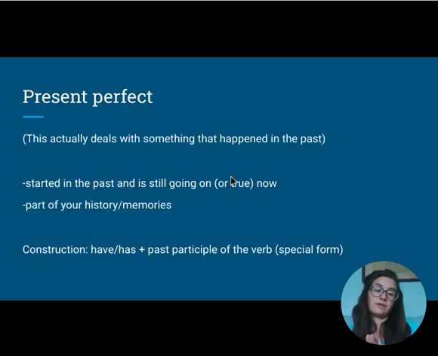The present perfect. Now this one is a bit different because, as I put in the brackets, it's actually dealing with something that has happened in the past, or it started in the past and it's still ongoing now, or it started in the past and it's still true now, or it started in the past and it's part of your personal history or memory, something that you know of that's happened to you in the past.